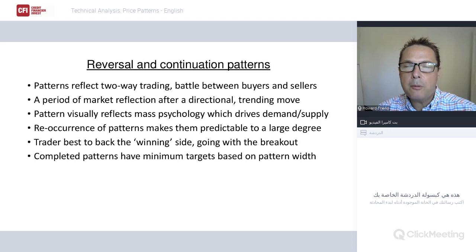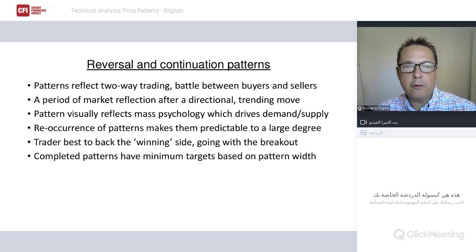So as I mentioned, price patterns reflect mass psychology, and that is the main driver of demand and supply. A lot of people talk about there being fundamental drivers for a market, but at the end of the day, the market is driven by mass psychology, greed and fear, and this comes out in the price patterns that you see on the charts.